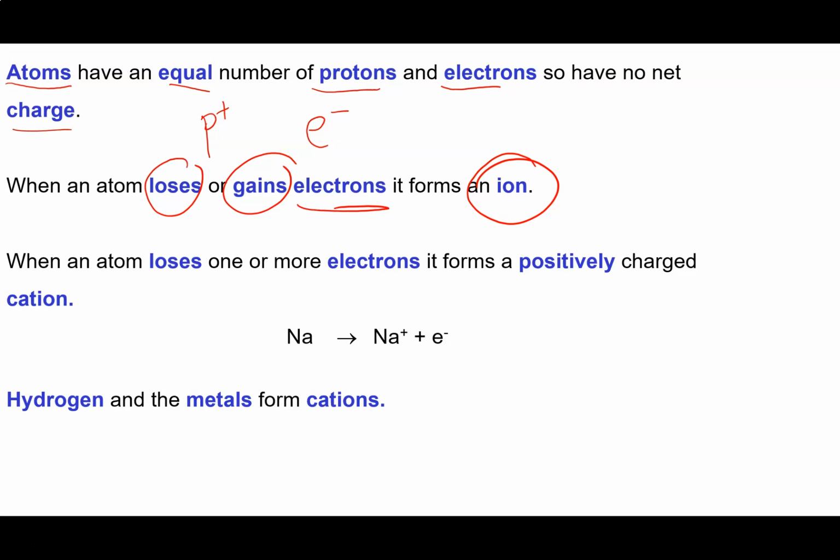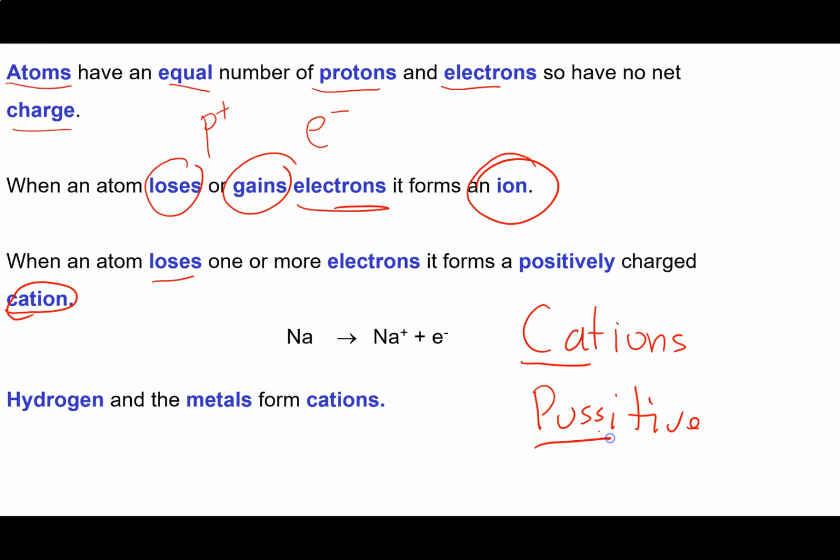For every electron that is lost, an atom will gain one positive charge, and it will form what we call a cation. So cations are positive, is how I remember this. The important thing to recognize is that for every electron that our atom loses, we gain one positive charge.